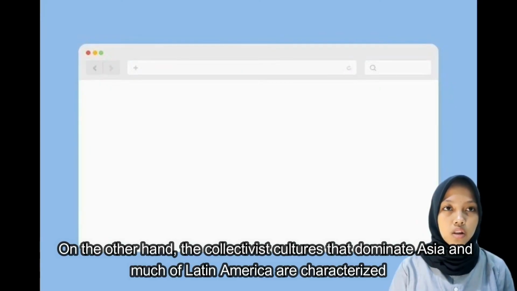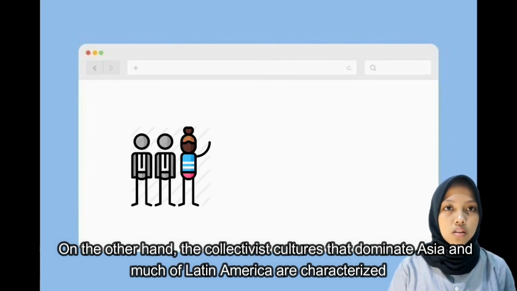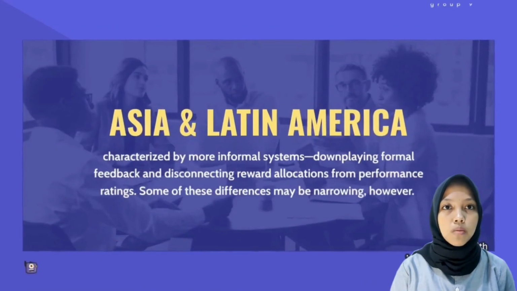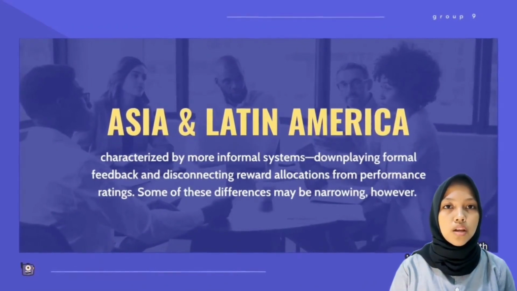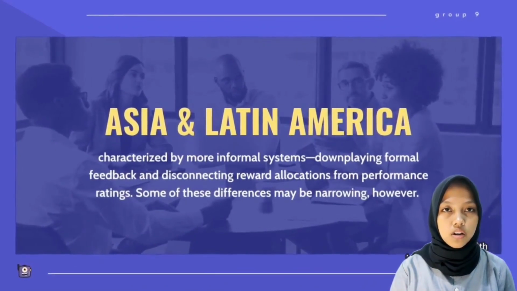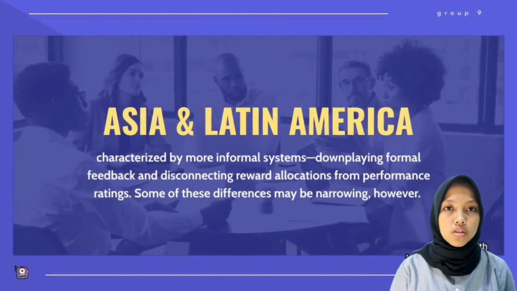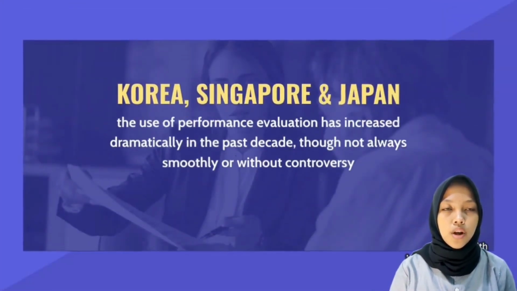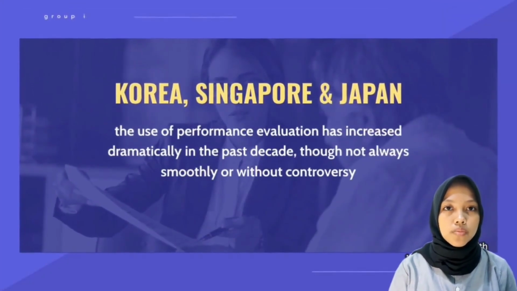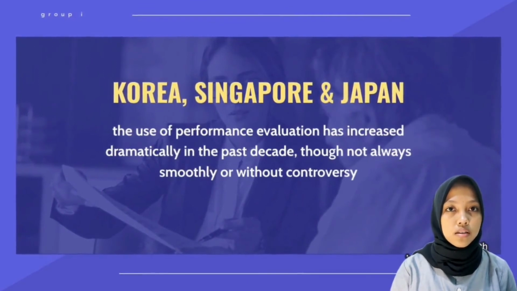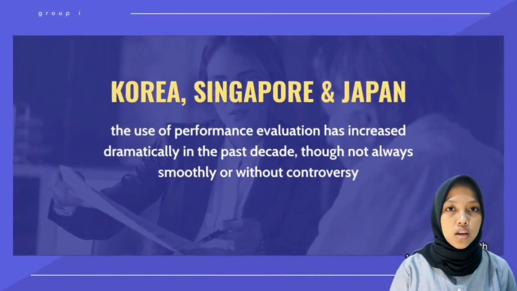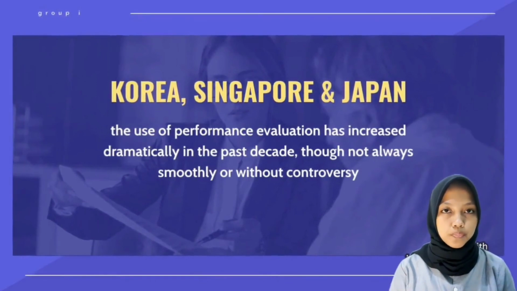On the other hand, the collectivist cultures that dominate Asia and much of Latin America are characterized by more informal systems, downplaying formal feedback and disconnecting reward allocation from performance ratings. Some of these differences might be narrowing. However, in Korea, Singapore, and even Japan, the use of performance evaluation has increased dramatically in the past decade, though not always smoothly or without controversy.